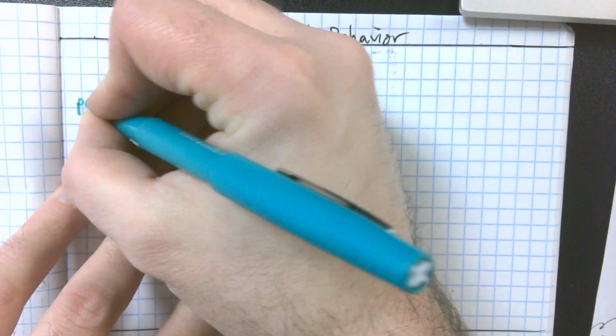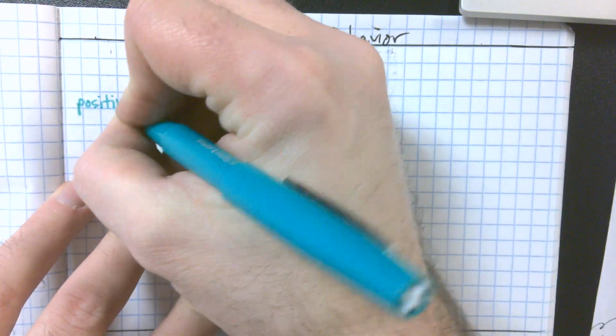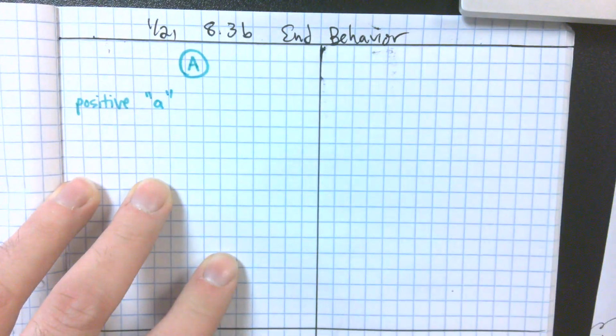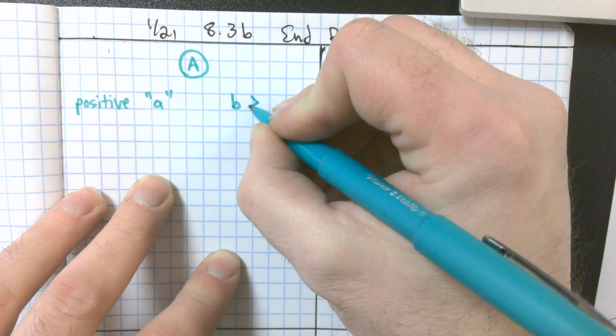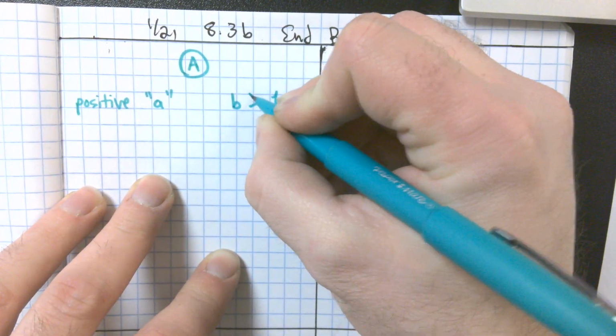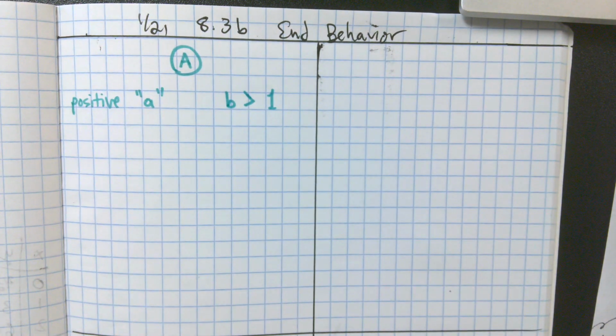We have a positive A value with a B value greater than 1.